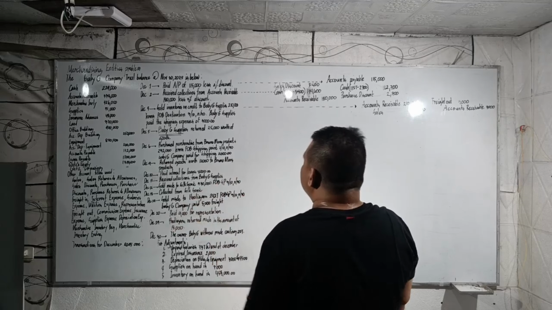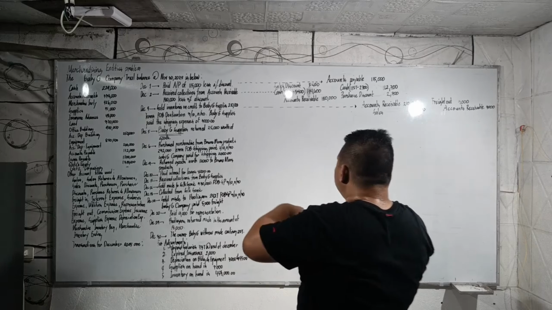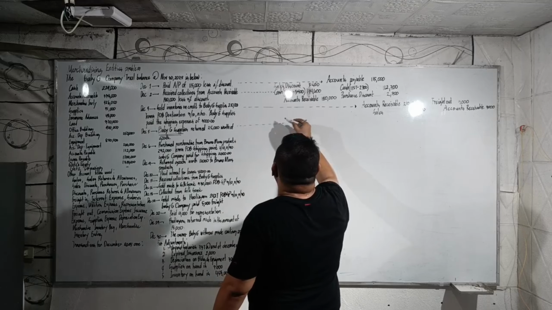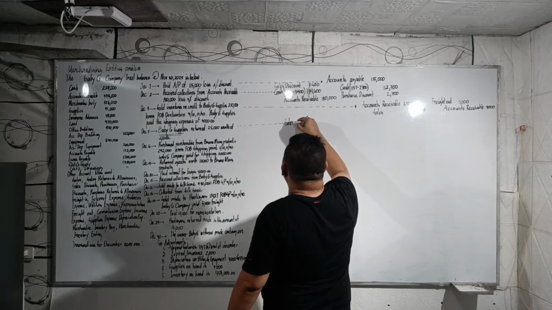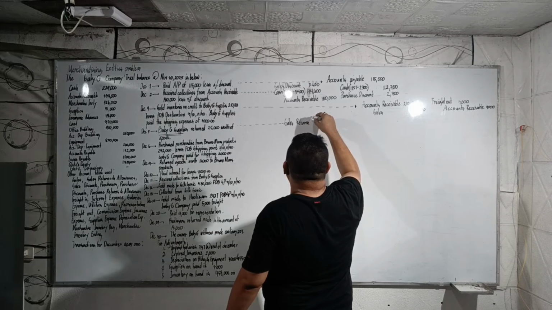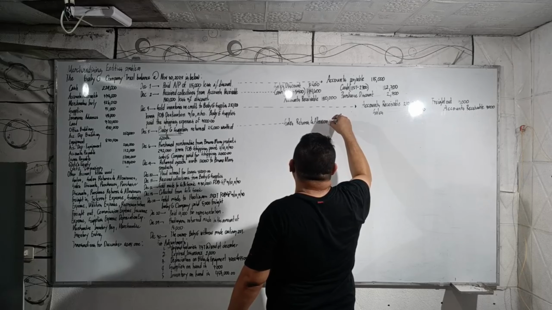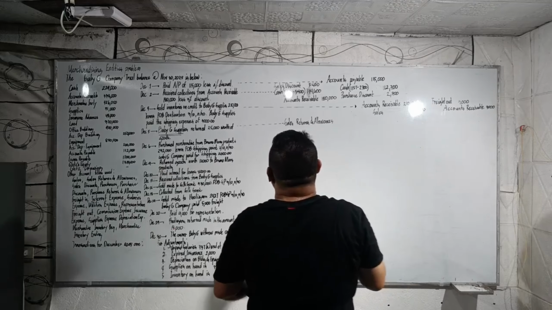BBG Supplies, our client, returned 25,000 worth of goods. So, if that's the case, we're going to make an entry, sales returns and allowances. Because again, our point of view here, when we talk about BBG Supplies, we are the seller.